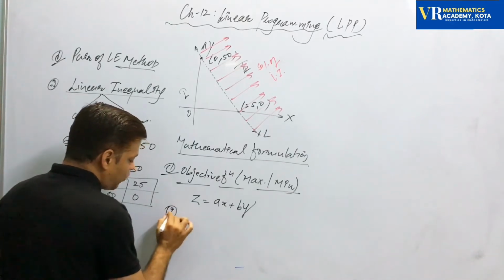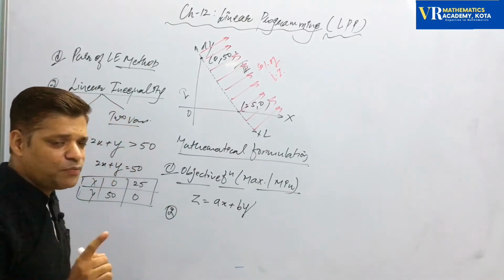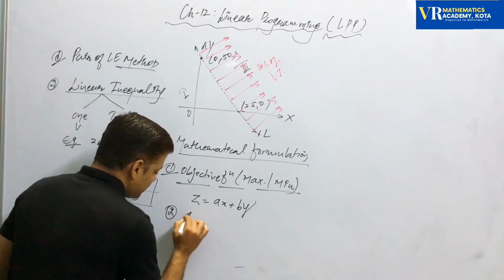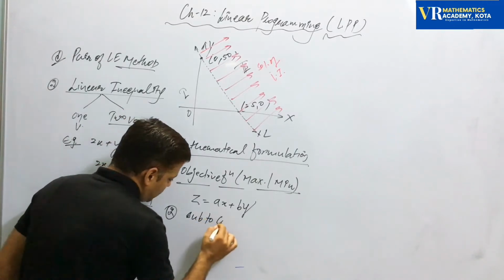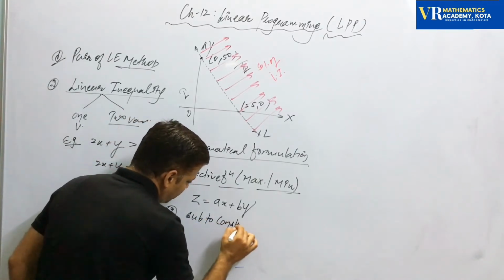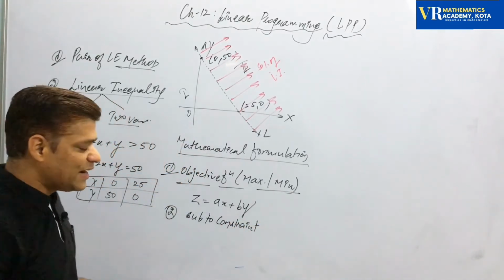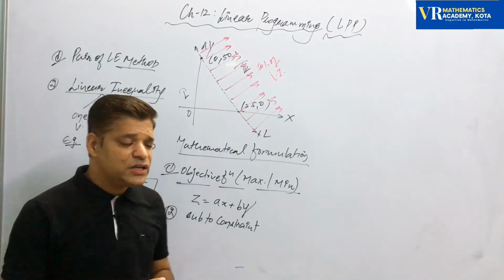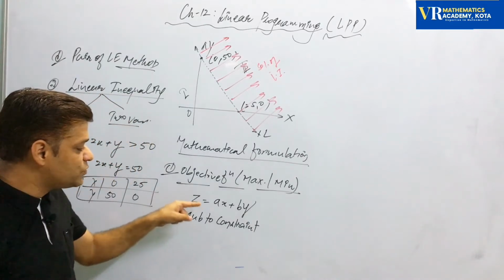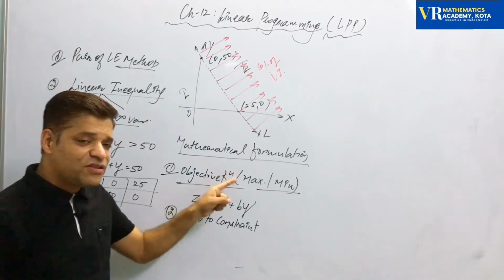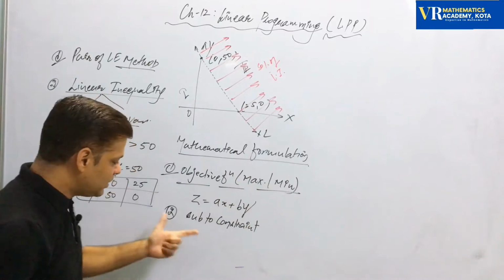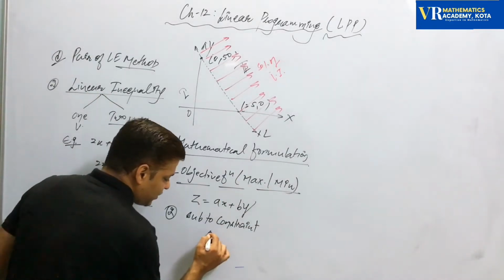In the mathematical formulation of LPP, the second important point is subject to constraint, that is, which factor or which condition will affect this objective function for maximize or minimize. These are called subject to constraint.